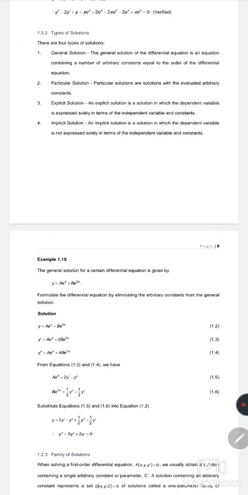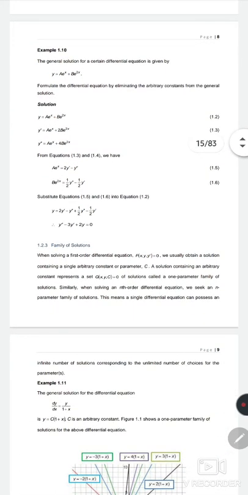Explicit is a solution in which the dependent variable is expressed solely in terms of the independent variables and constant. And then implicit solution is a solution in which the dependent variable is not expressed solely in terms of the independent variable and constant. Okay, kalau nak faham, kita tengok untuk example 1.10.